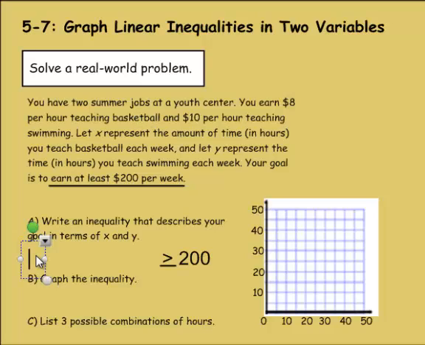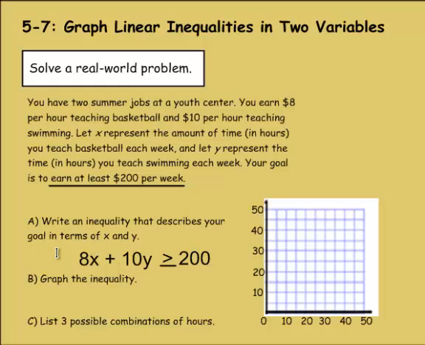So x is the hours times 8 because I make $8 per hour. Then I'm going to add whatever I do with swimming. y is the hours I spend teaching swimming. I make $10 per hour teaching swimming. So it'd be plus $10 per hour times the number of hours I teach it. So this would be my inequality: 8 times x plus 10 times y is greater than or equal to 200.